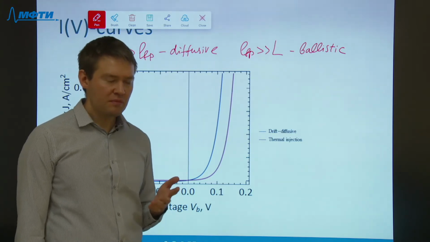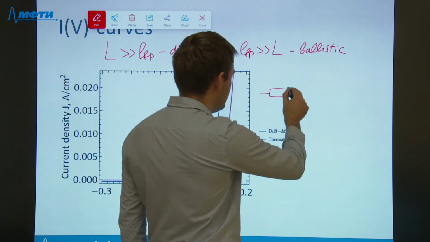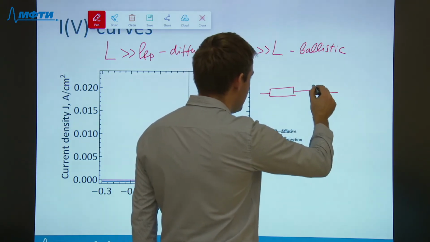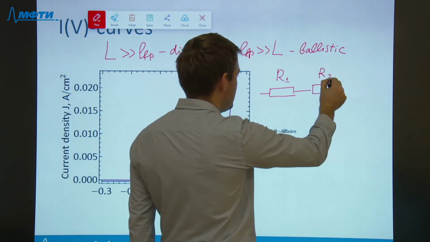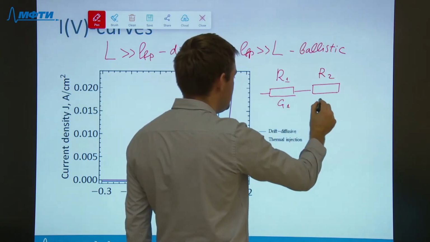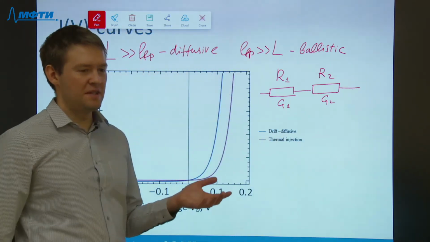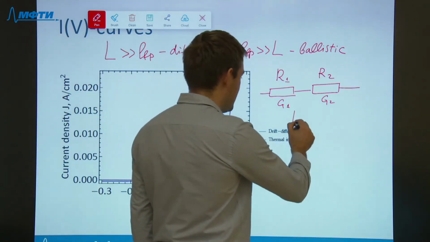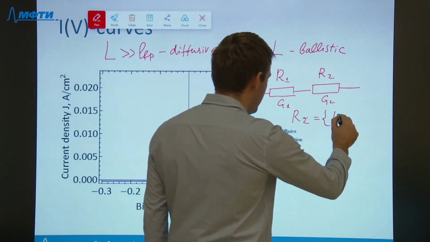And you probably know the rule for summation of two resistances. If we have the resistances R1 and R2, or the conductivities G1 and G2, then the net resistance is always larger than each of them.